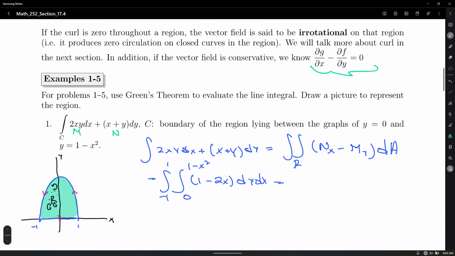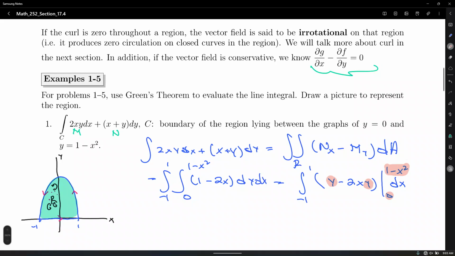So this will be the integral from -1 to 1 of y minus 2xy, evaluated between 0 and 1 minus x squared, dx. Careful, because we evaluate the lower and upper limits for the y variable, since we integrated with respect to y.